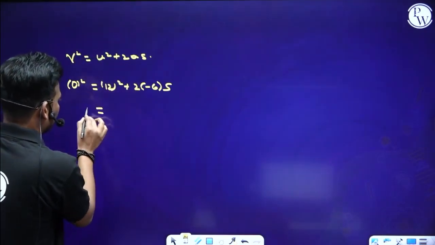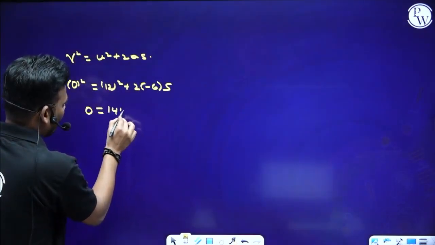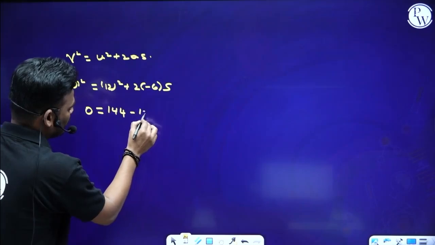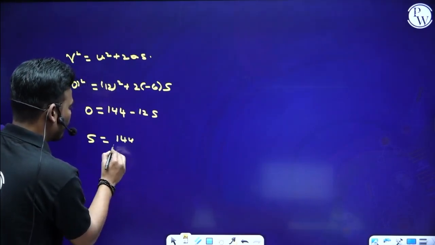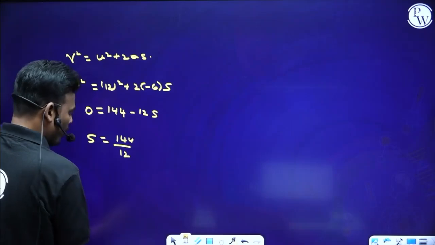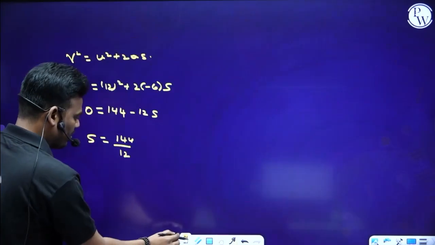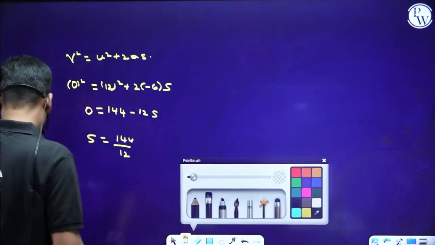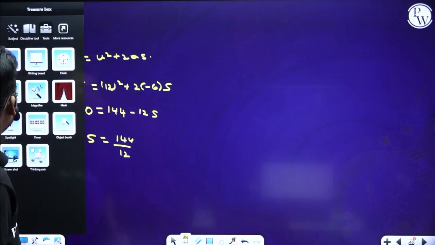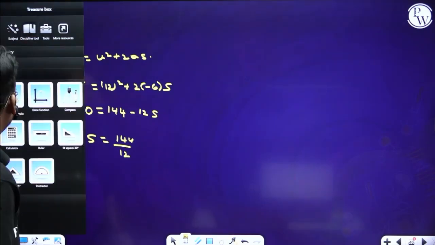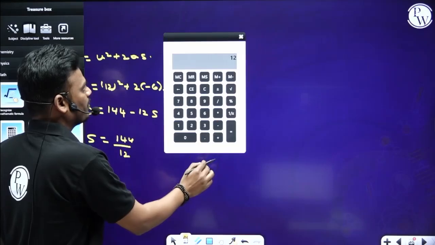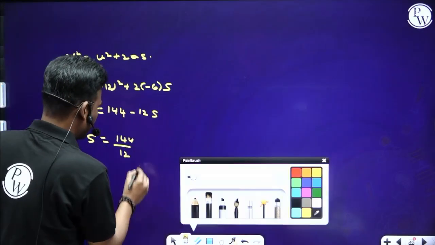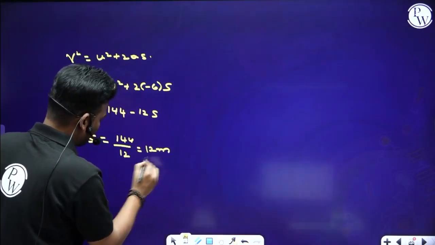So 0 equals 144 minus 12s, so s is equal to 144 divided by 12, so 12 meter.